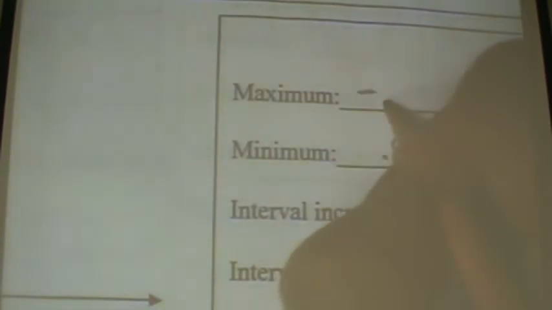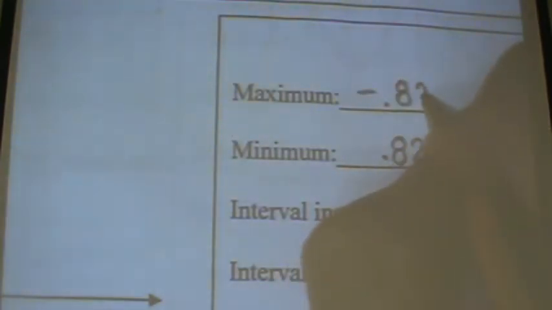It's exactly the same as this one. This one happens to be, is it gonna always work out that way? No. So let's write -0.82.